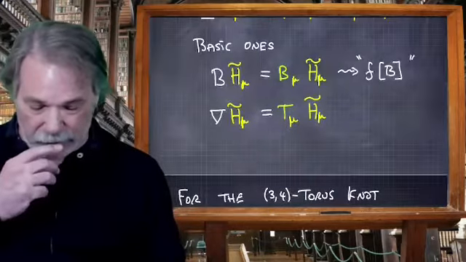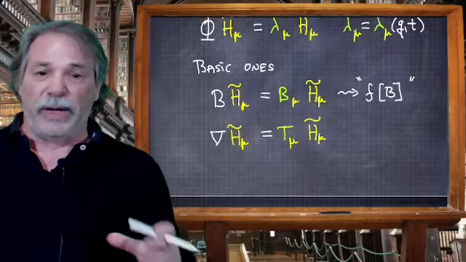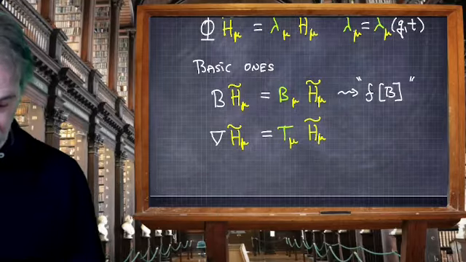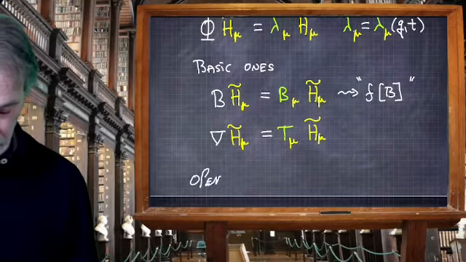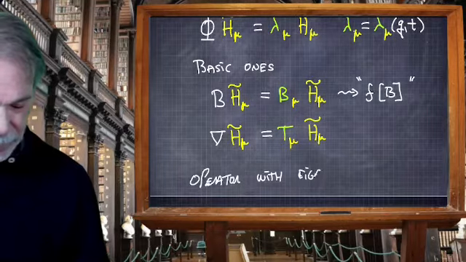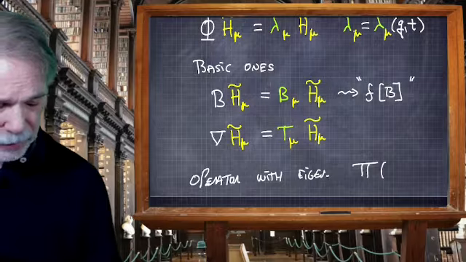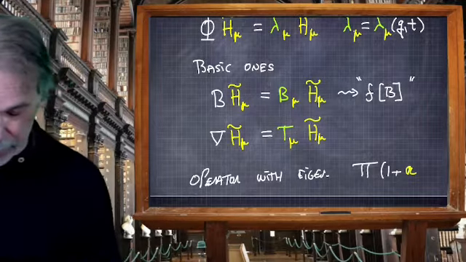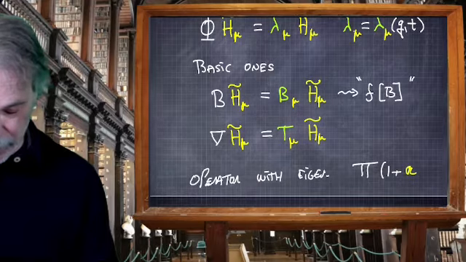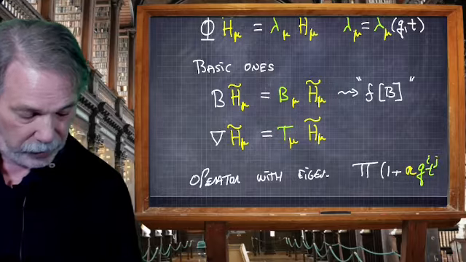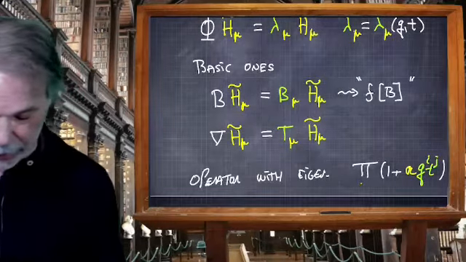Did I mention something more here? One operator that'll be very important is the operator having eigenvalue the product of 1 plus a q^i t^j over ij.